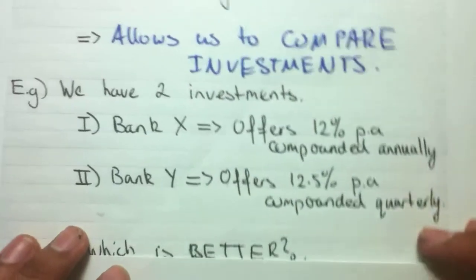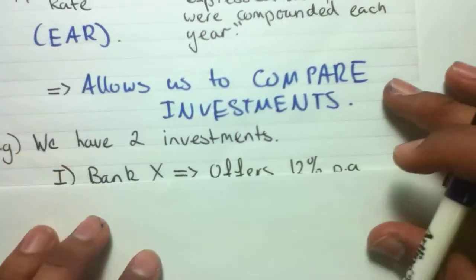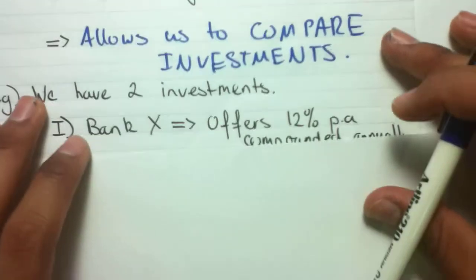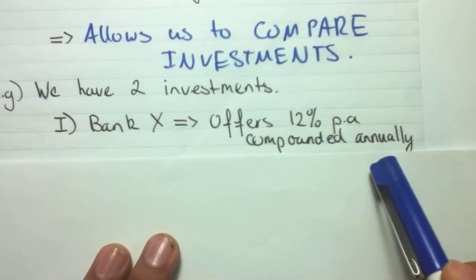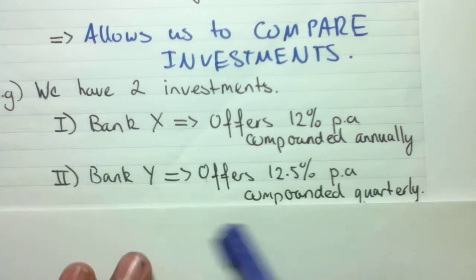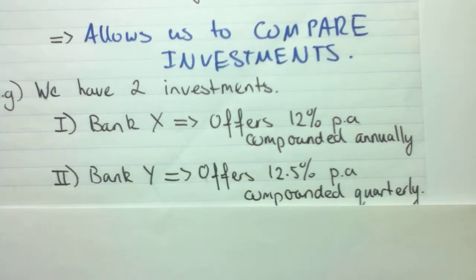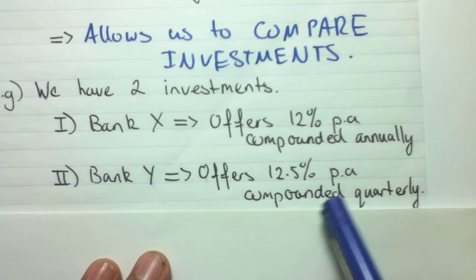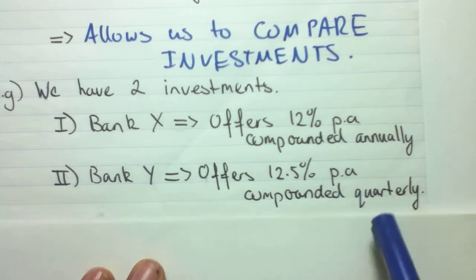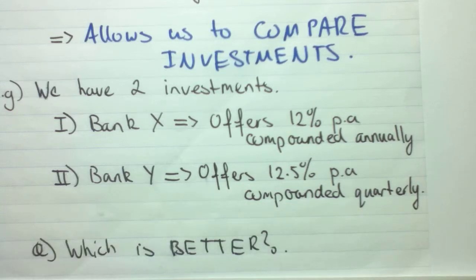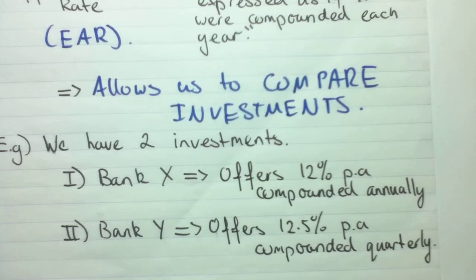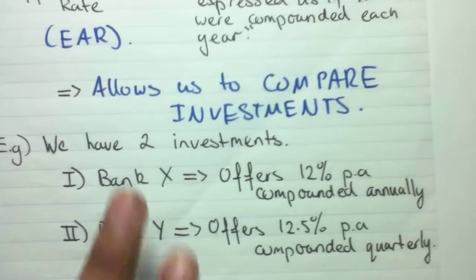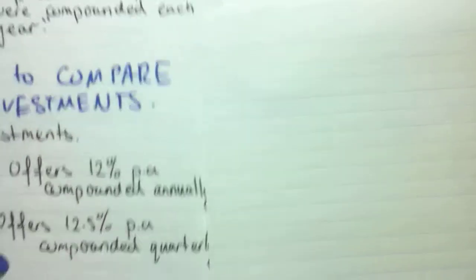So here's an example. We have 2 investments, Bank X. Now Bank X offers 12% per annum, compounded annually. And Bank Y offers 12.5% per annum, compounded quarterly. Which is better? That's the question, which is better? And the simplest way to do this is to ask yourself, okay, let's say I have $1.